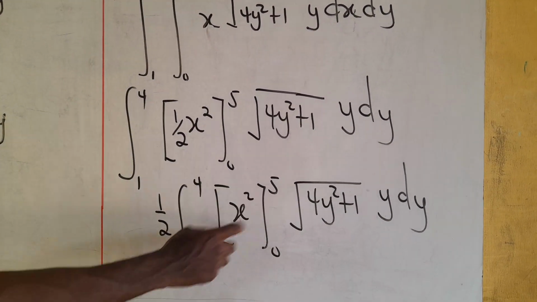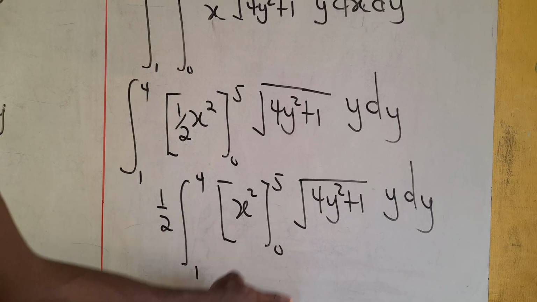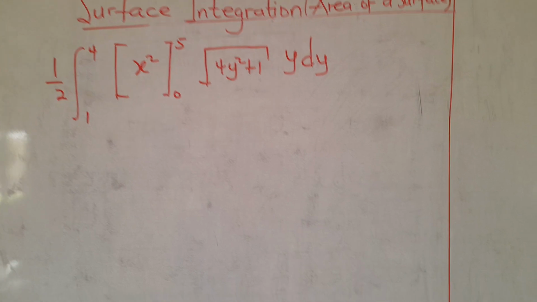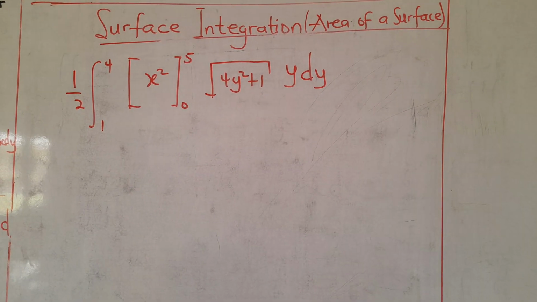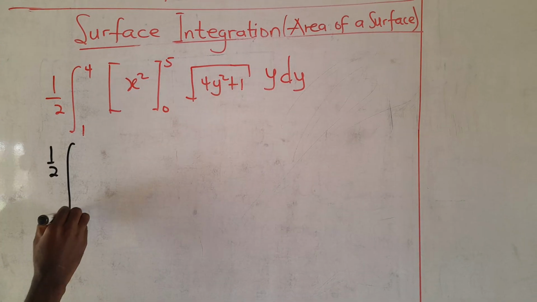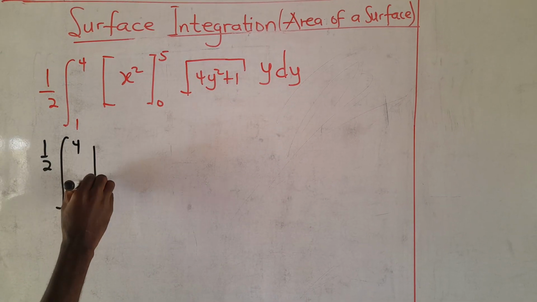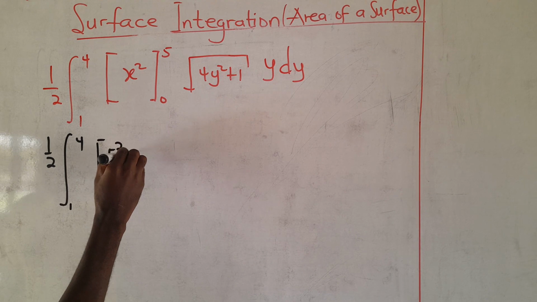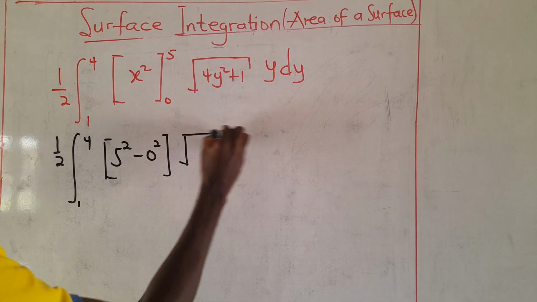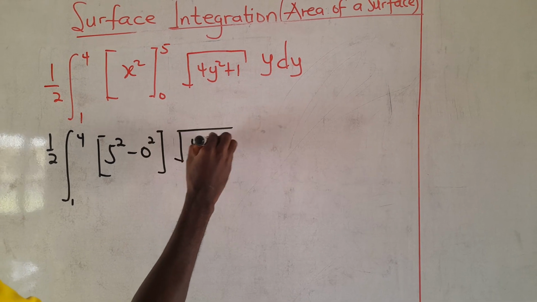So I'll substitute my 5 squared minus my 0 squared. Okay, so now we substitute. So we have half the integral from 1 to 4 of 5 squared minus 0 squared. Please check out my videos on double integrations on YouTube.